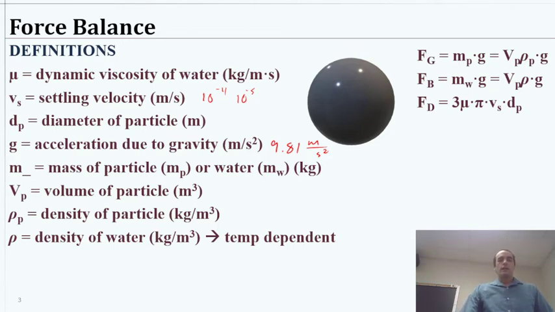And we've got density of particles, kilograms per cubic meter, and density of water. And the density of water is also going to be temperature dependent. Okay, so we already took a look at that table and said, hey, look, at 5 degrees Celsius, we have 1,000 grams per liter, right? 1 kilogram per liter.